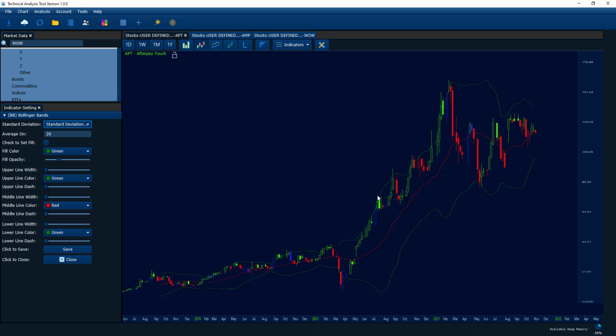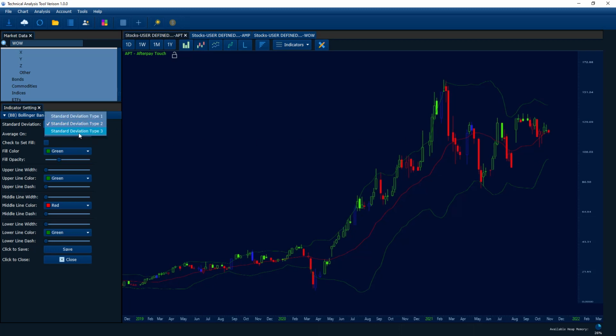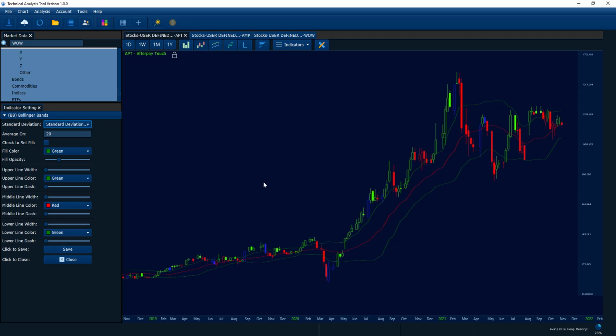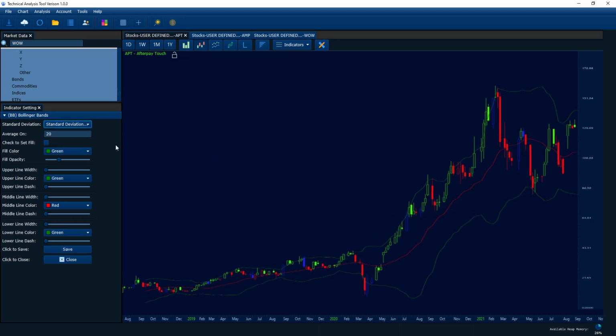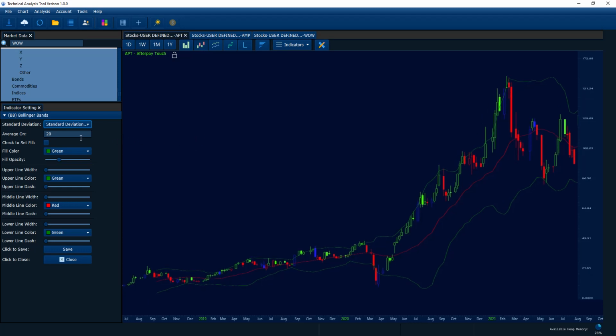More price penetrates the upper band. Type 1 is the narrowest, and you can see sometimes half of the price action happening outside of the upper band. That's why the default is type 2. I'll explain why we use type 2 later.